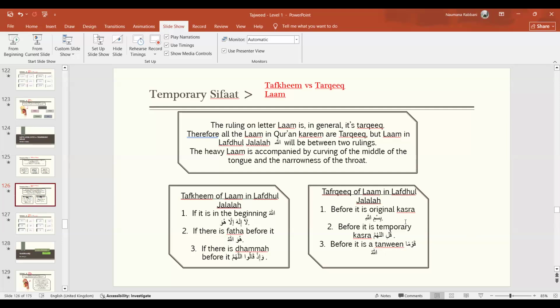I can't say qawman Allahu; in Hafs, I say qawmanillah. We put the noon. Inshallah, I'll make a little note in the chat and explain that there.